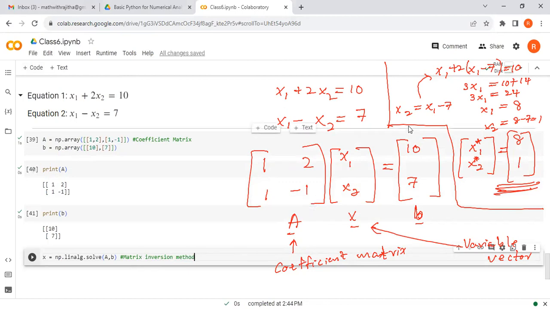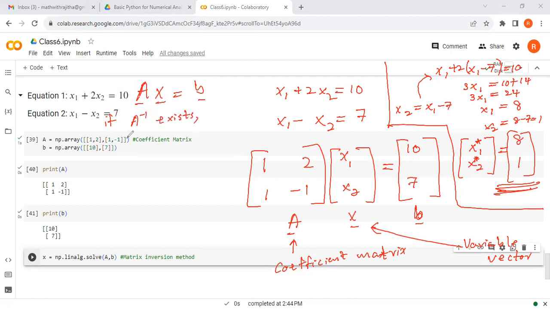What I did here is not the matrix inversion method. I just solved them manually. Matrix inversion is something like this: you have A x equals B. You multiply both sides by A inverse, given that the inverse of A exists.